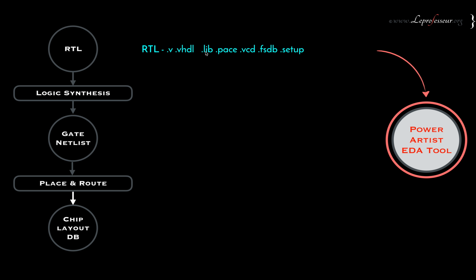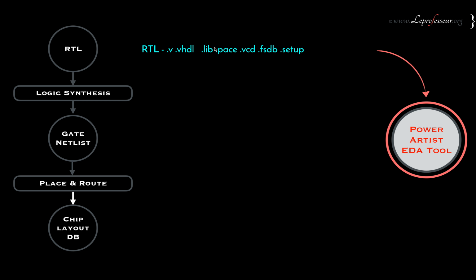Library files: let's say if you even do not have a PACE model, then the tool may use a wire load model or different other parameters from the library. The lib is anyway needed when the tool is going to be working with the standard cells or other library elements to get the information. Now here we are talking about not the Synopsys lib, here we are talking about the power lib.